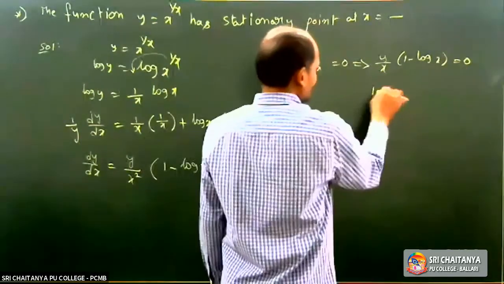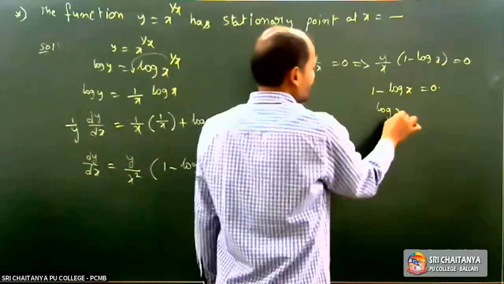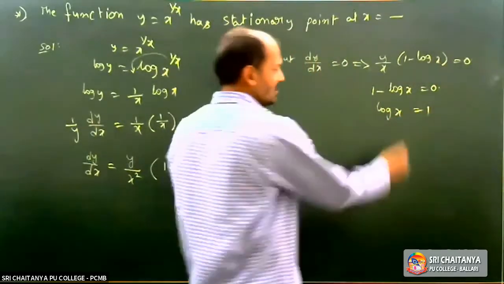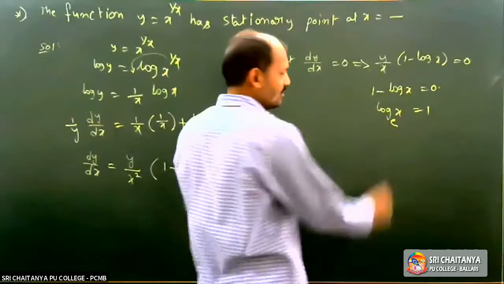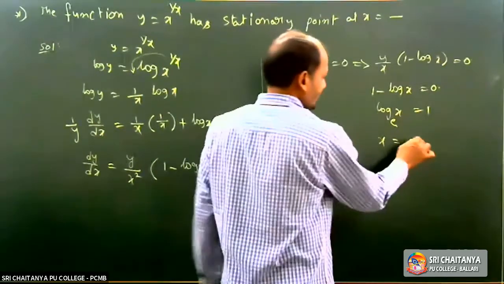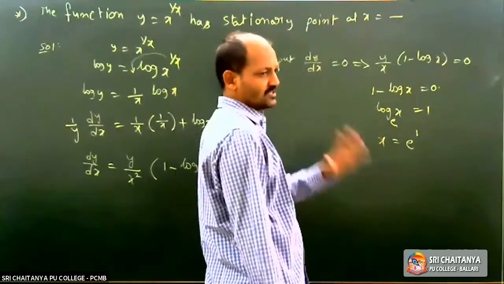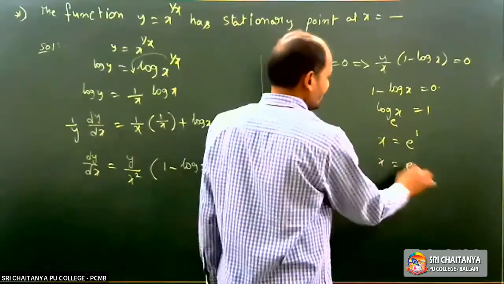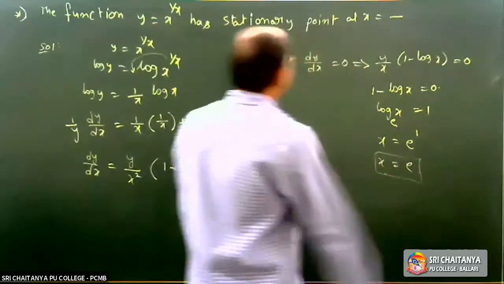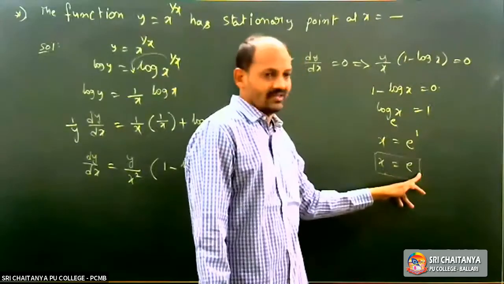By cross multiplication, 1 minus log x is equal to 0, log x is equal to 1. Base is e. Therefore, how do we get the x value? x is equal to e power 1, logarithmic form to exponential form. So clearly x is equal to e. It is a stationary point at x equal to e.